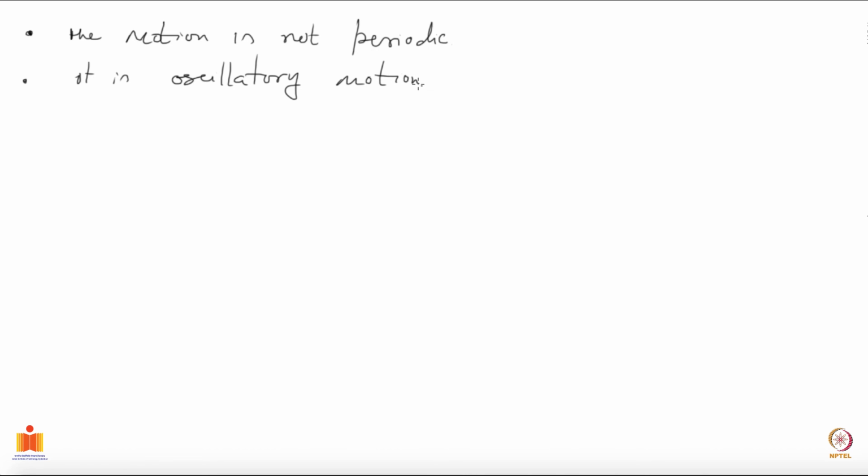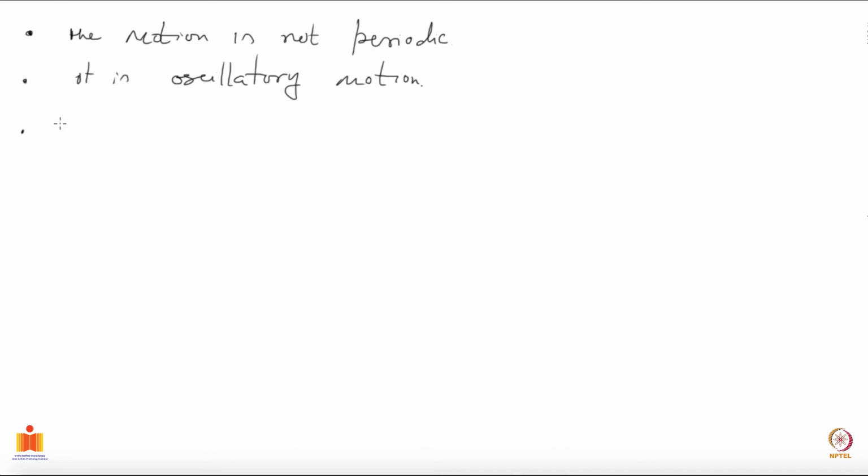So the motion is not periodic. The oscillator never returns to its original location because of that exponential damping factor, but it is oscillatory motion.